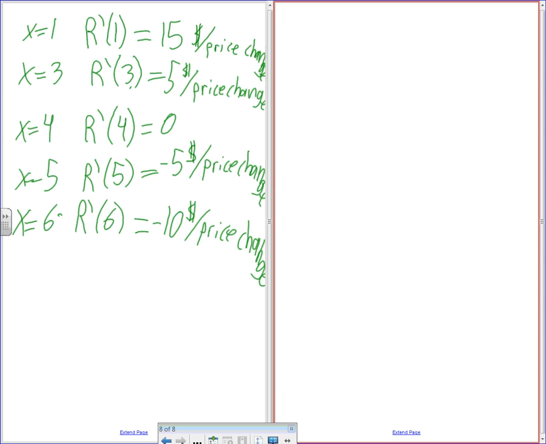when is R prime then equals 0? Well, they found it there. So R prime of x equals 0. R prime of 4 equals 0.